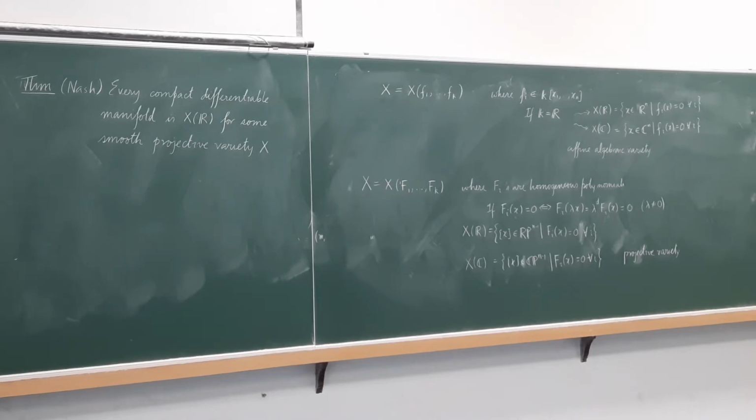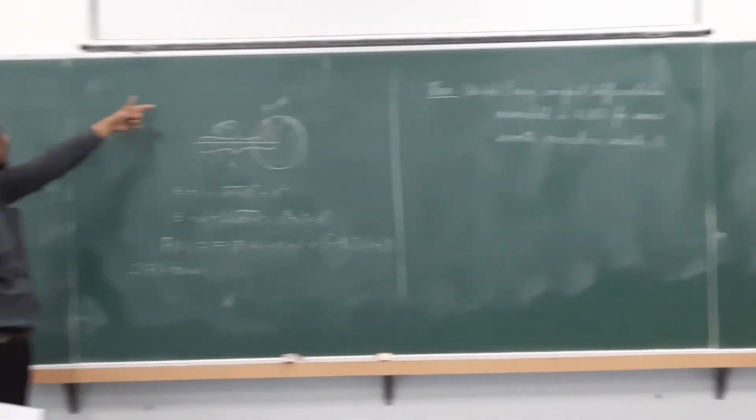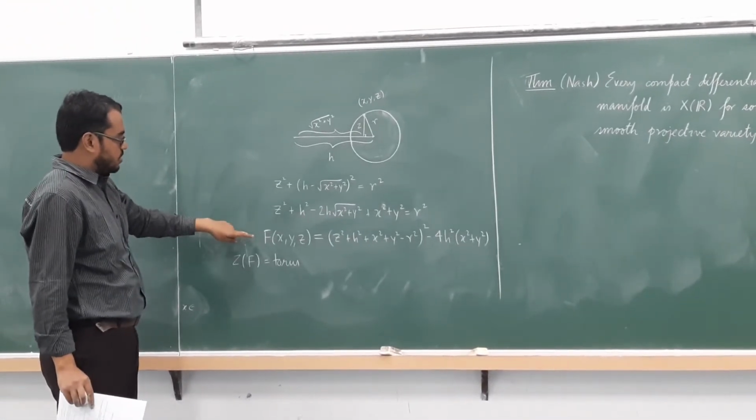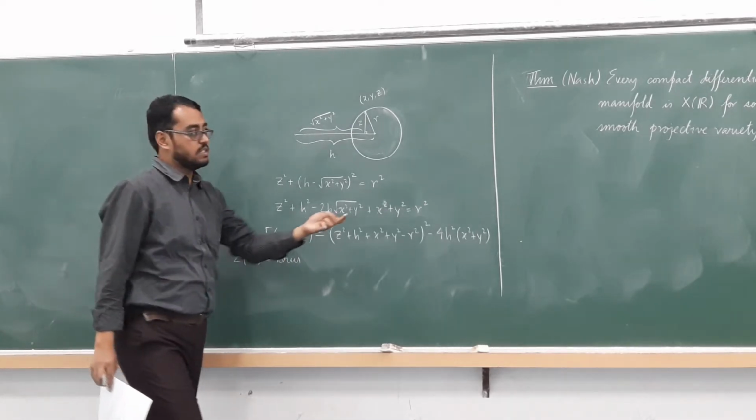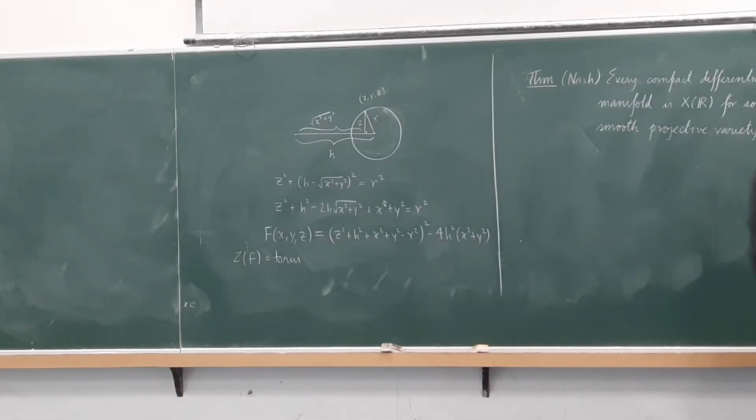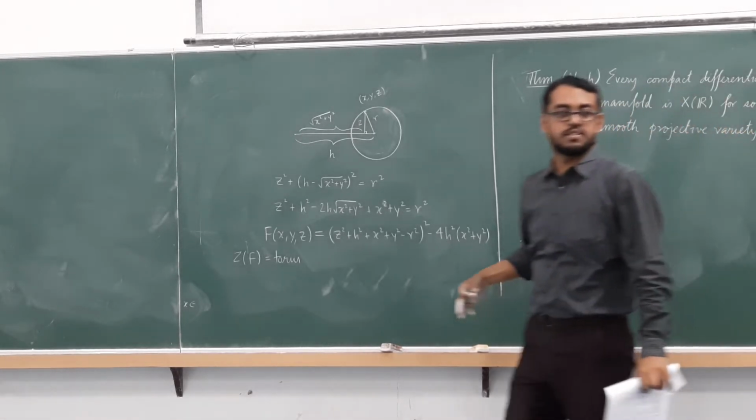If you go back to this example, it says that the torus, which is a smooth 2-manifold, is the zero set of one particular polynomial, namely this. So this is X of R, where x is in R^3, and there's only one polynomial. But this is an affine thing, it's not inside the projective space.